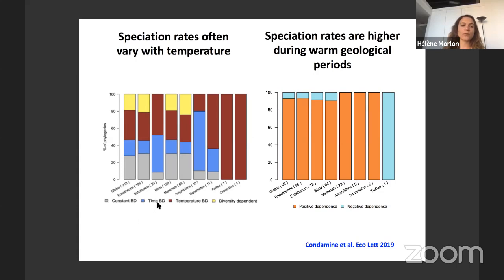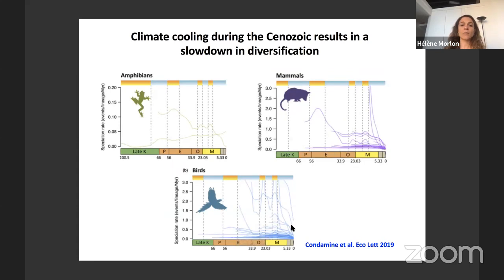And when we do find support for a temperature-dependent model, we tend to find support for positive dependency, meaning that we find that speciation rates are higher during periods of warm climates, so faster speciation under warm climatic periods. And if we look at individual clades, the type of temporal trend that this gives, for example here, would tend towards a trend of declining speciation rate through time.